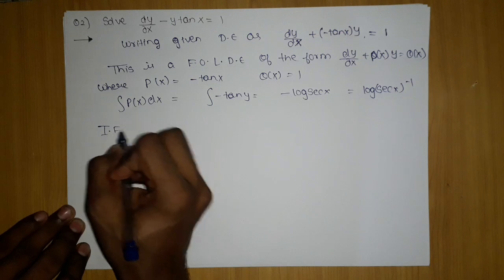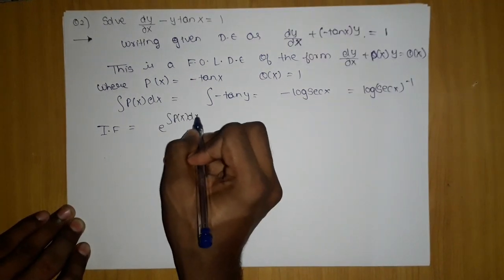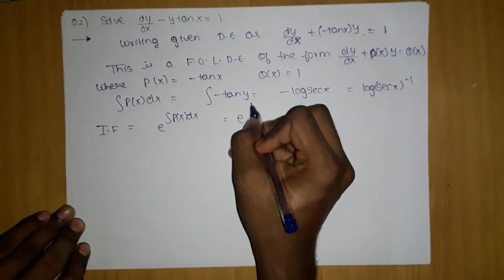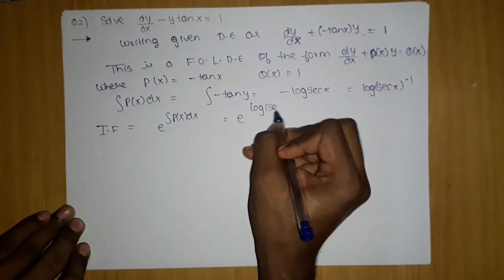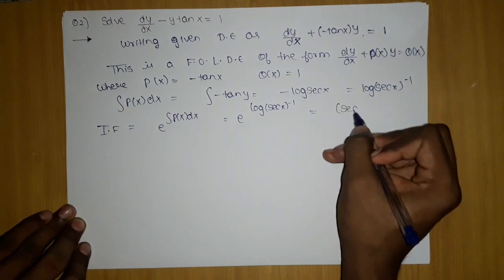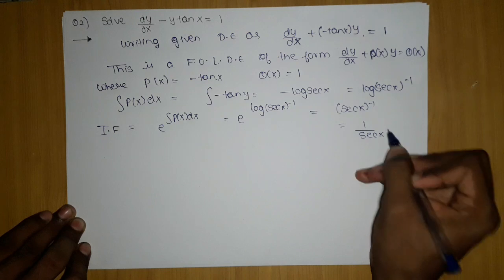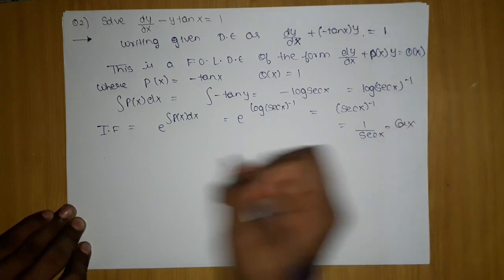Now integrating factor is nothing but e to the power integral p of x dx, which is e to the power log sec x power minus 1, which is sec x power minus 1, which is 1 by sec x, which is nothing but cos x.